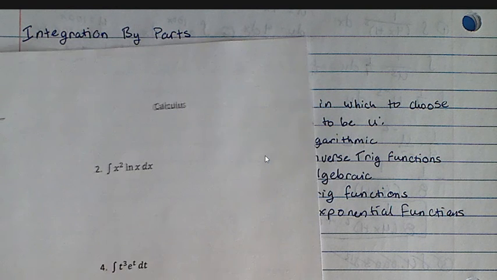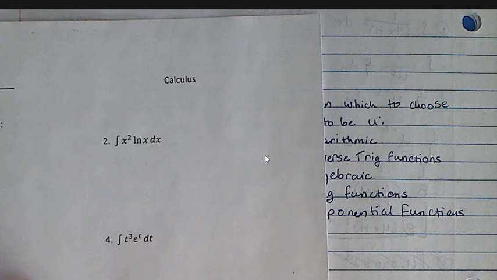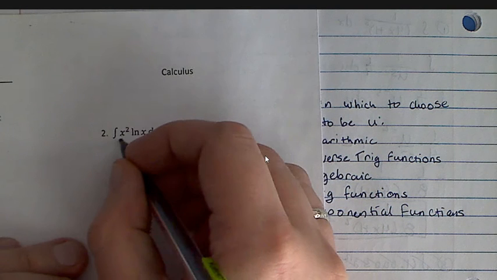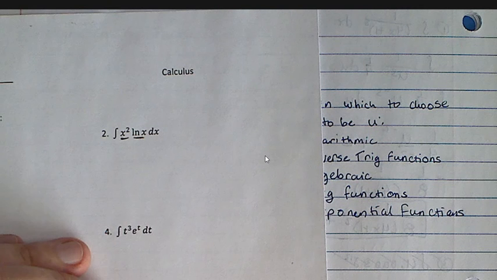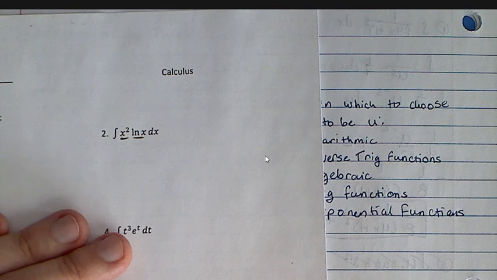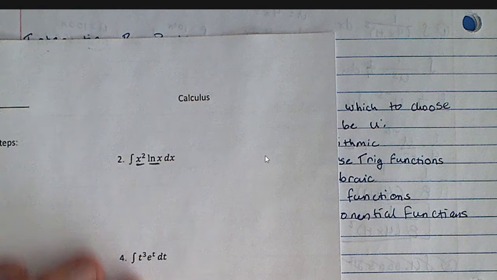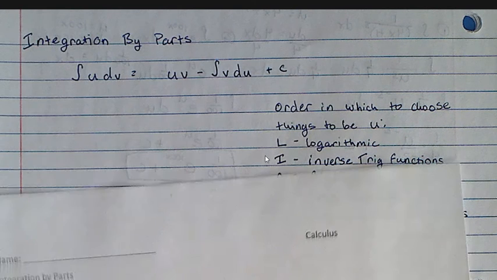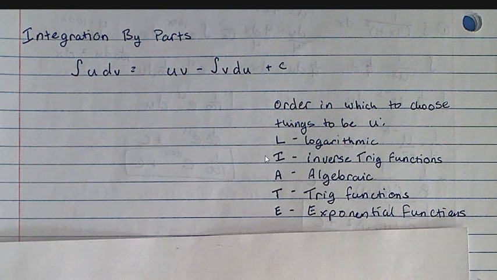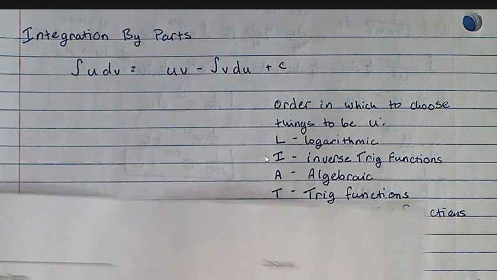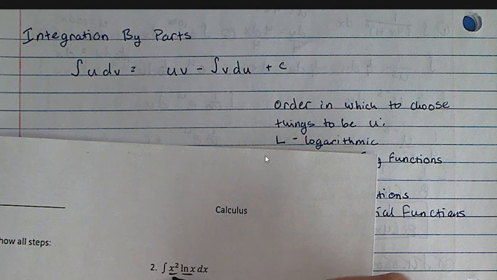Okay, so we've got two pieces here. We've got our x squared, and we've got our ln x. So one of those is u, and one of those is dv. So we got to pick which of them to be u. According to our order of which to pick things to be u, we've got an algebraic thing and we've got a logarithmic thing.